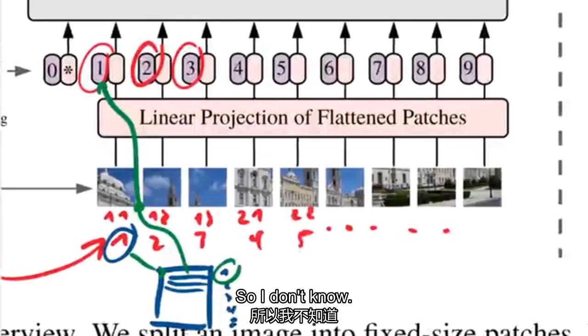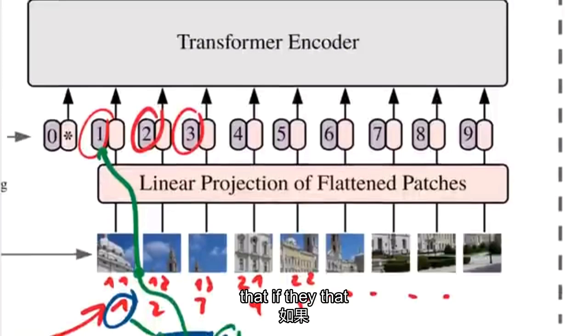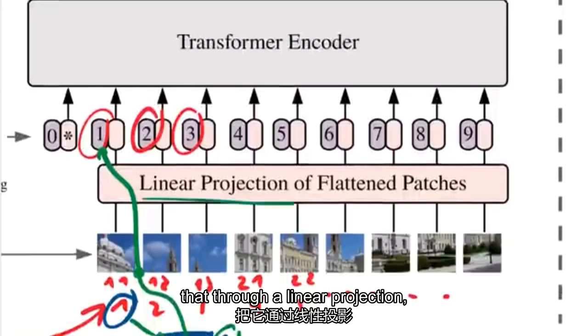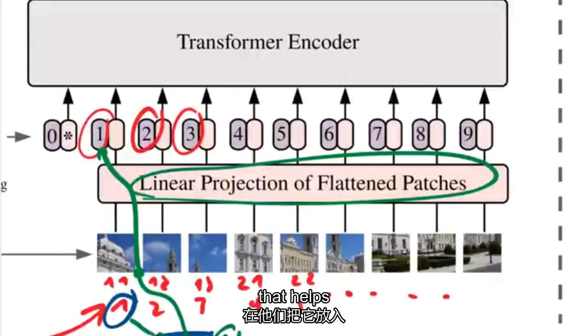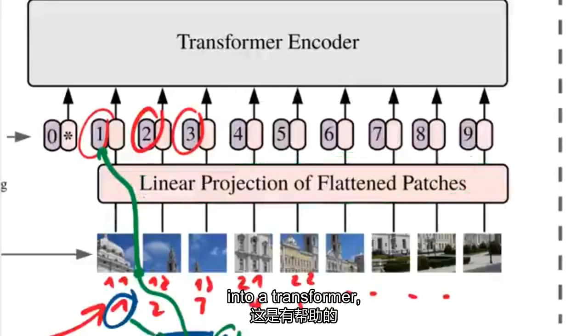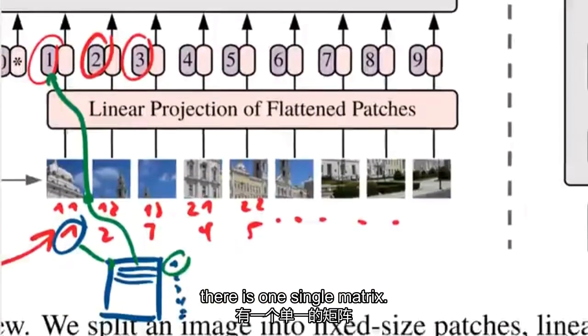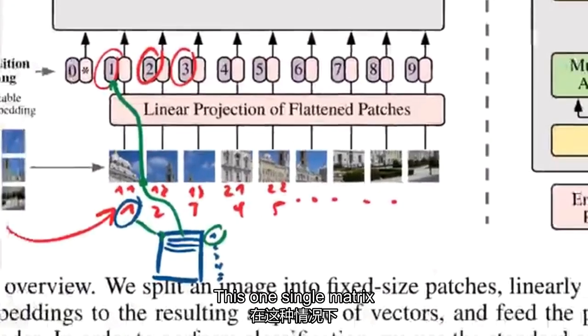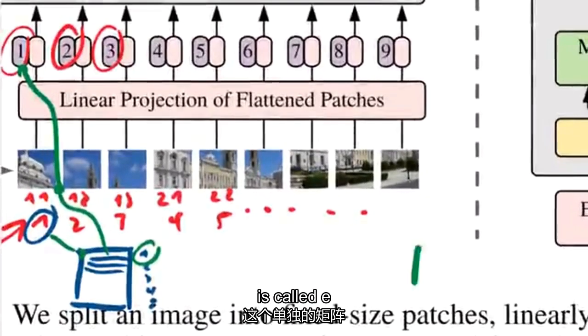It's a 256 dimensional vector. However, they find that if they first put that through a linear projection, that helps before they put it into a transformer. So there is one single matrix, and this one single matrix is called E.